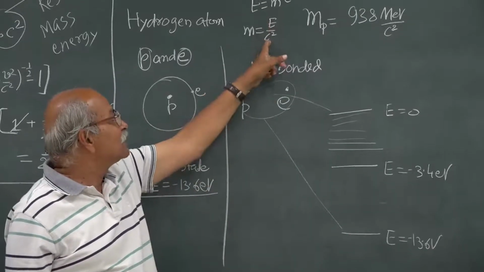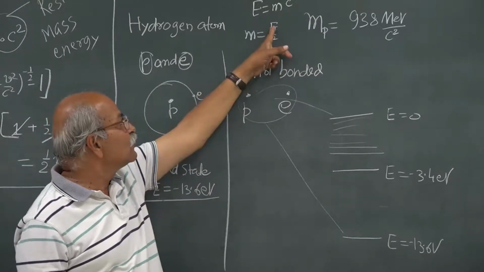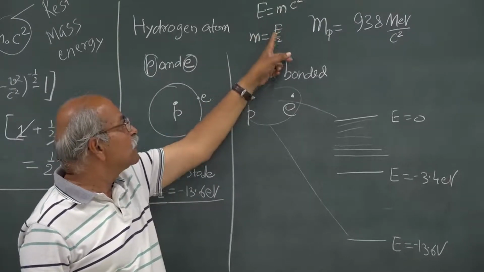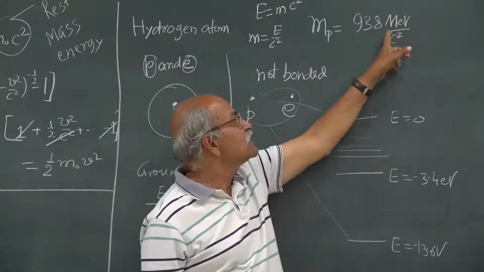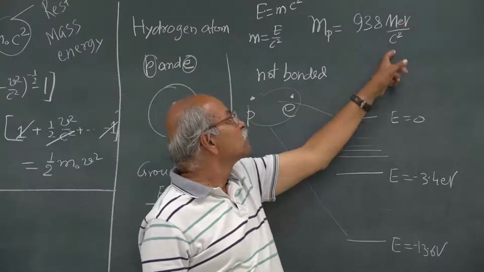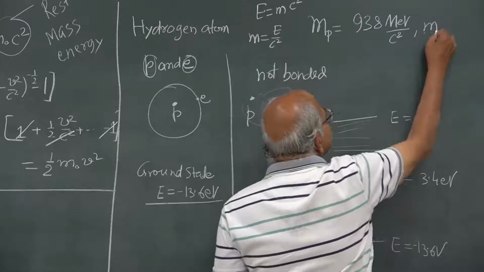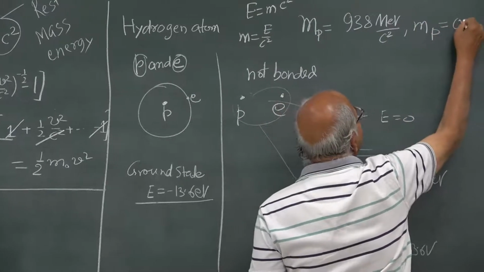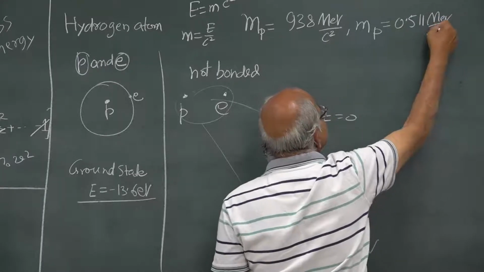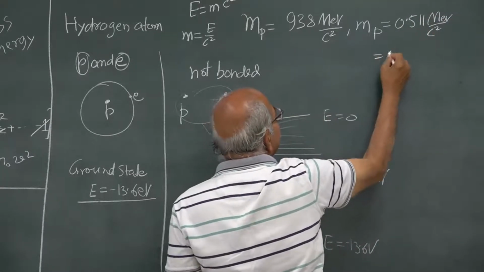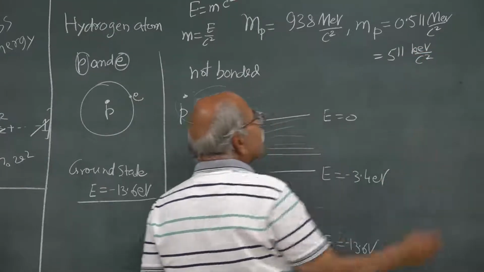So if I measure this energy in electron volts, this unit will be electron volt by c square, and MeV is mega electron volts by c square. So this is the unit of mass. The mass of the proton is this, and the mass of the electron is 0.511 MeV by c square, or 511 keV, kilo electron volt by c square.